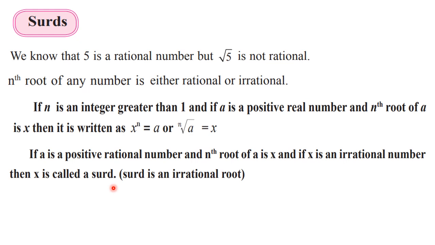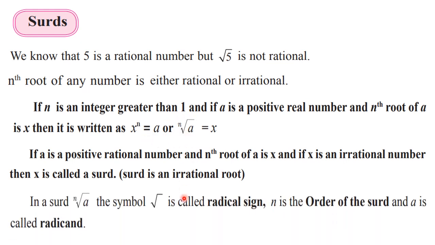Now let us see the terms here. Try to understand what they are called. In the surd nth root of a, this symbol is called the radical sign. Then n, the number present here, is called the order of the surd. And a, that means whatever positive number is present inside, is called the radicand.